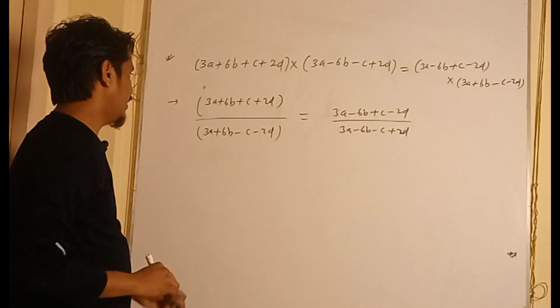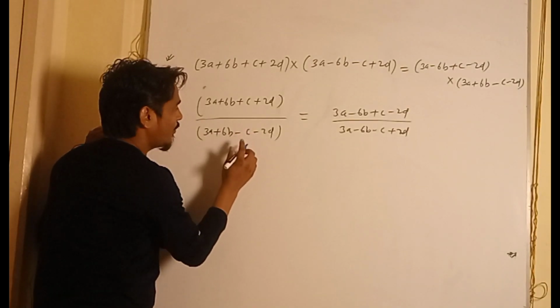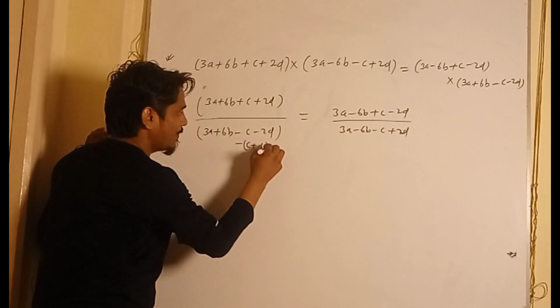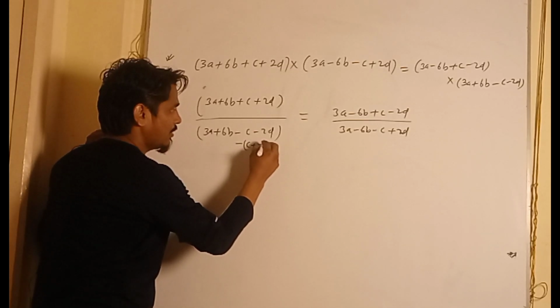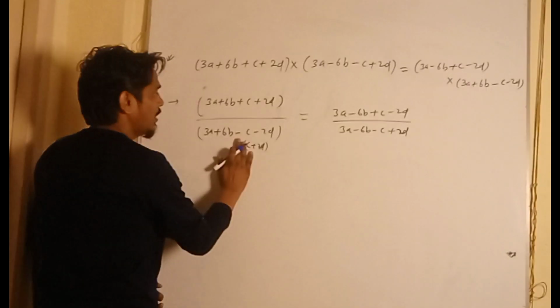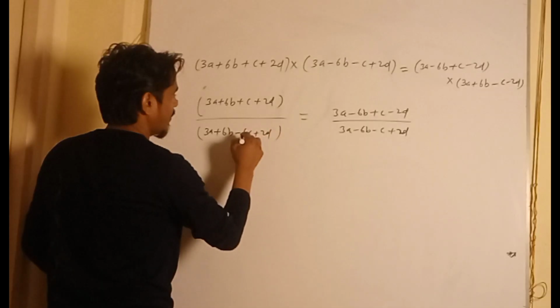If you look carefully, you will find that if I take minus common, this will become minus of c plus 2d. By taking minus common this will become c plus 2d. So we can write this as c plus 2d.